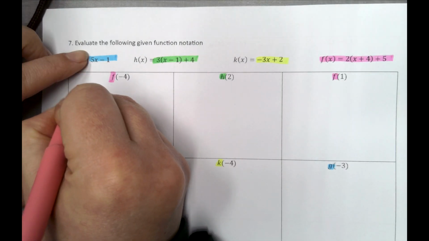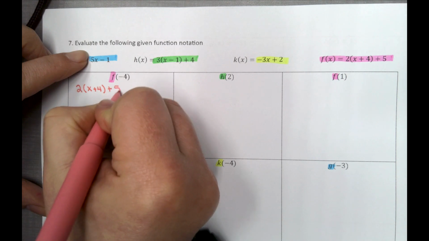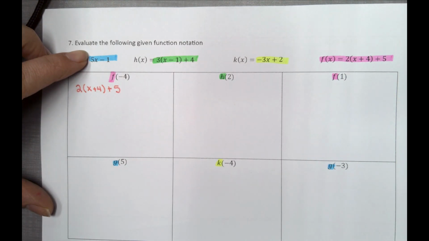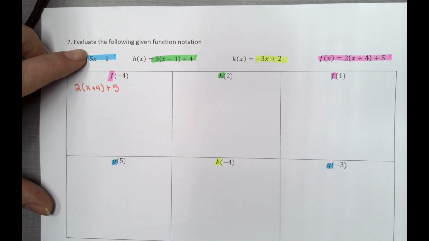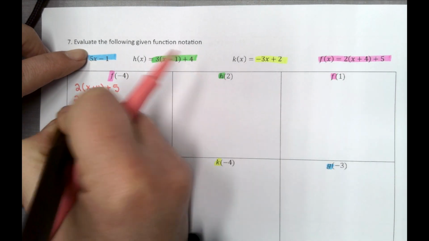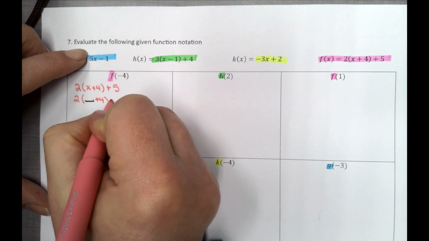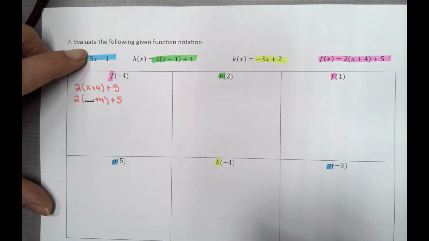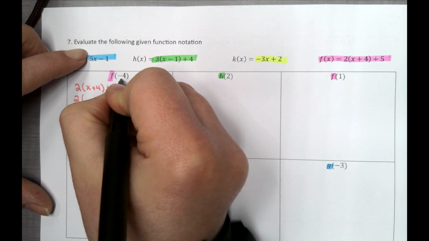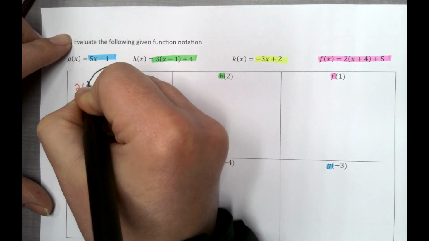The f function is 2 open x plus 4 close it plus 5. I am going to open for my x value. I'm going to copy this down again: 2 open, but instead of writing x, I'm going to add a little line here. Everything else stays the same, and I'm going to put this negative 4 into my x location.